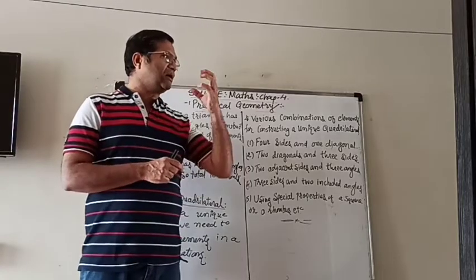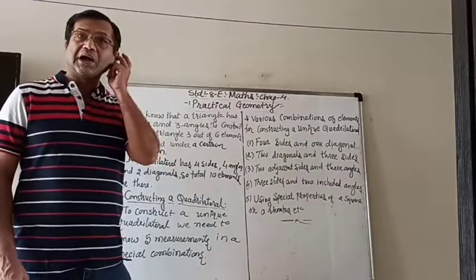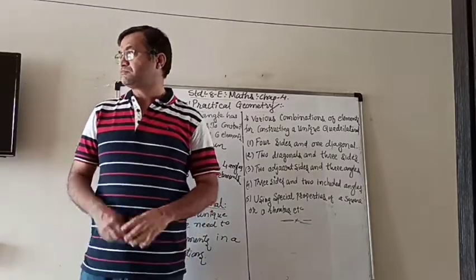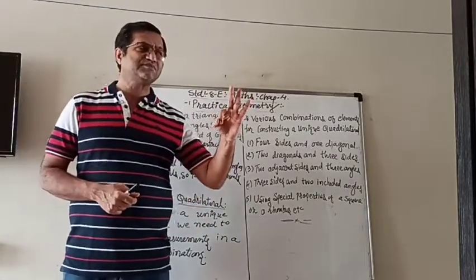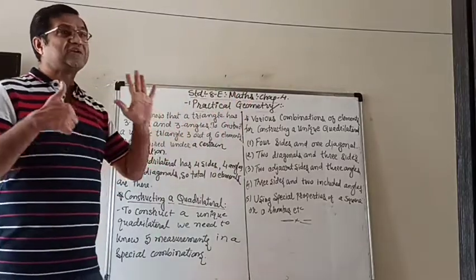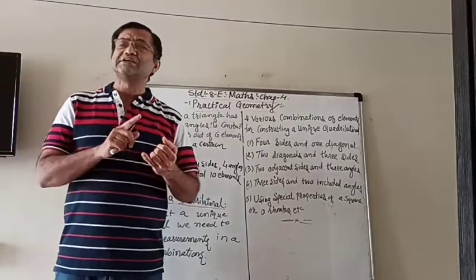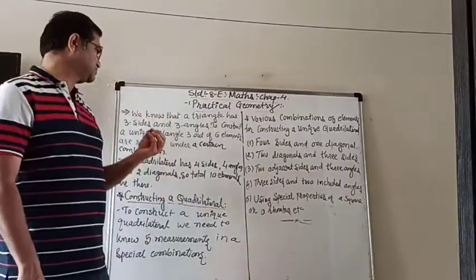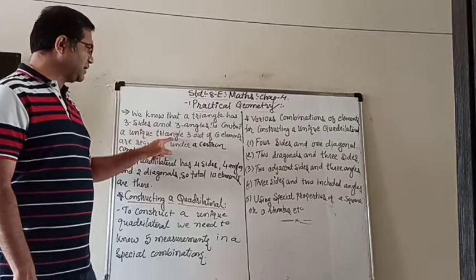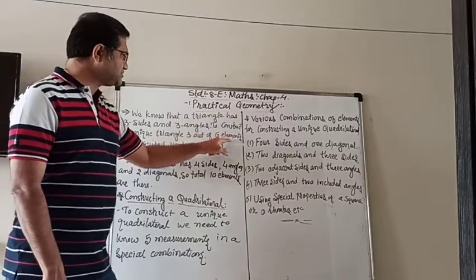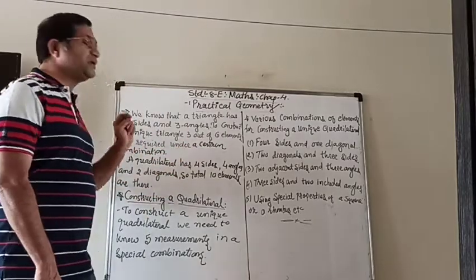Now, in the last standard, in the standard 7th, what did you learn? You learn how to draw a triangle. We know that triangle has 3 sides and 3 angles. So there are 6 elements. Triangle has 6 elements. Now out of these 6, you learn that to construct a unique triangle, 3 out of 6 elements are required under a certain combination.